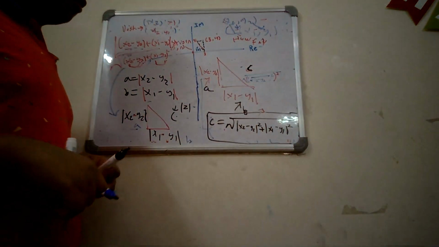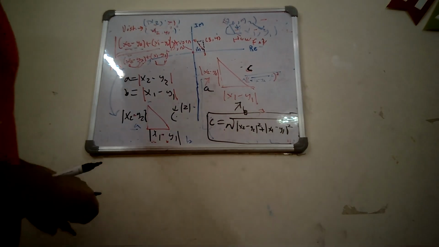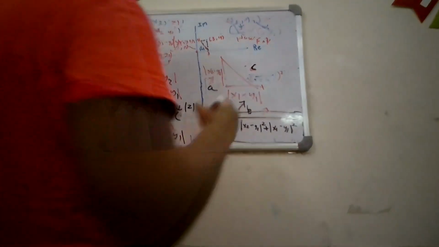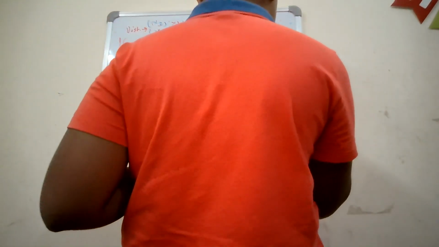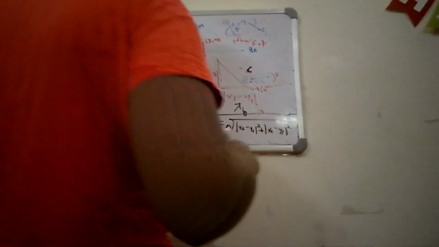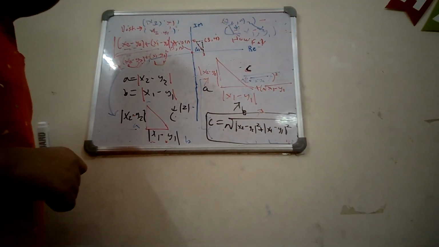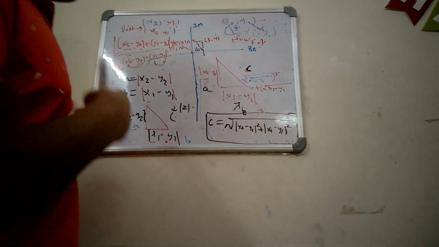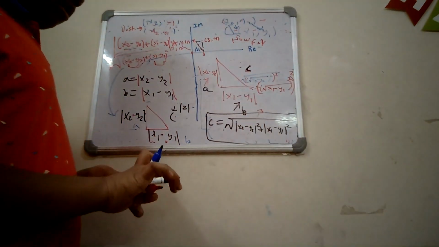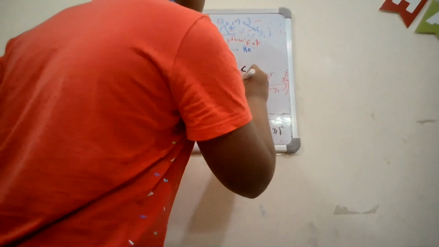Looks pretty big, but don't worry, we're going to add the square root of x1 minus y1 squared, and then we square this whole thing again. Okay? So this is the whole expression we get.